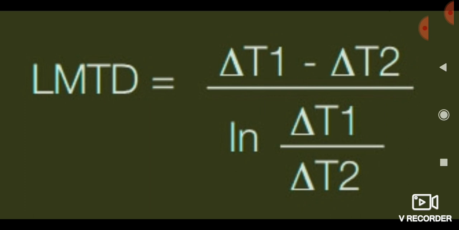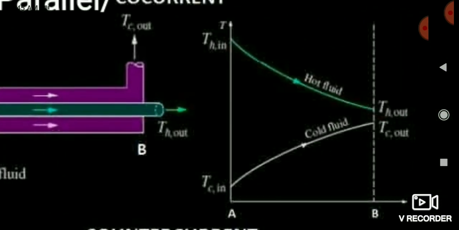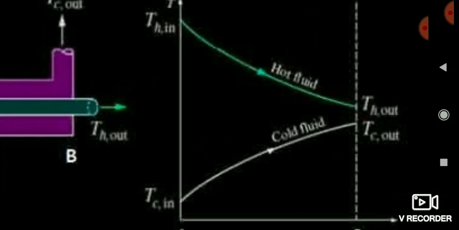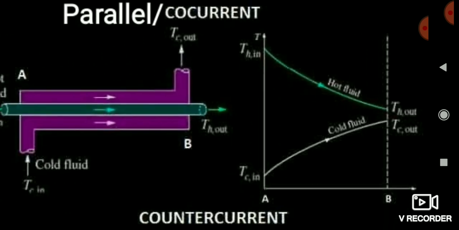And now friends, for calculating the delta T2, you see here it is the second case, that is THO minus TCO, the outlet temperature of hot fluid minus the outlet temperature of cold fluid, in case of parallel flow heat exchanger.